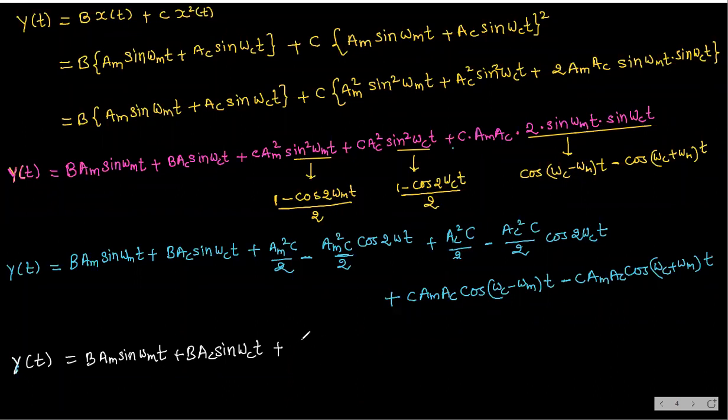So I am writing like this, C by 2 common into bracket AM square plus AC square. Okay, which part? You see here, this part and this part I have combined here. And now what is left?